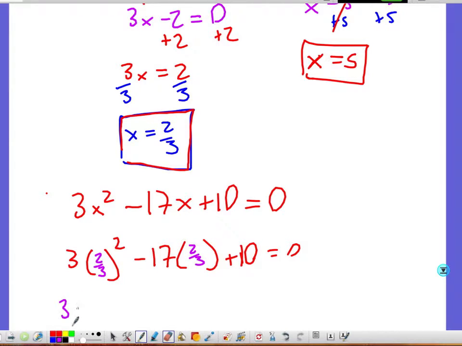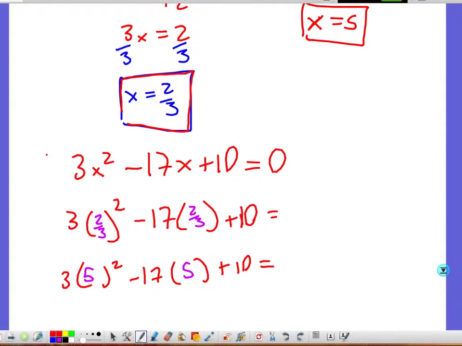So in this case, we can use either 2 over 3, or we could use 5. So let me leave these blank. So here's the moment of truth.